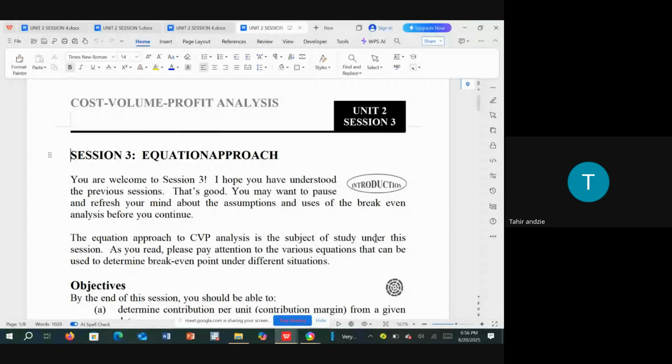And therefore, at the break-even point, contribution should cover only fixed cost, because if there's no profit, it means that after you have taken variable costs from the sales revenue, you take the fixed cost from the contribution and you get no profit.